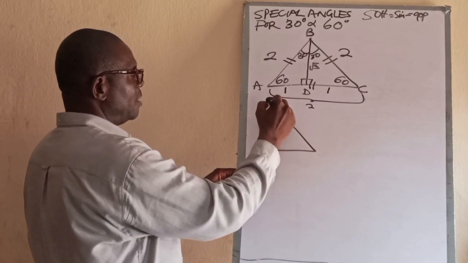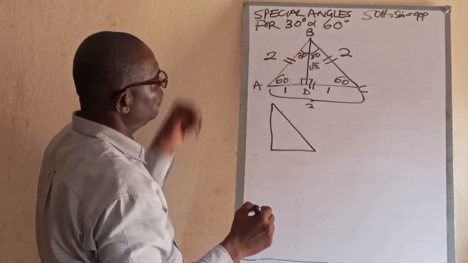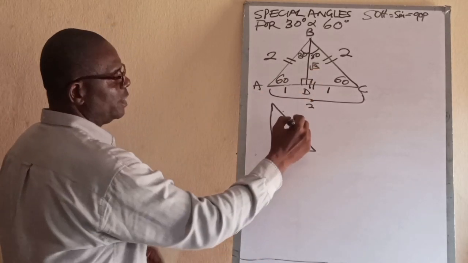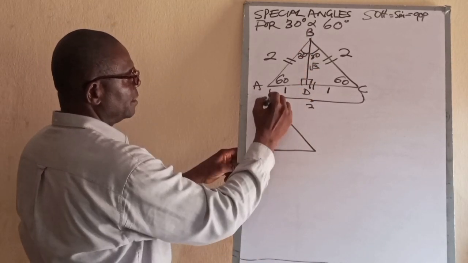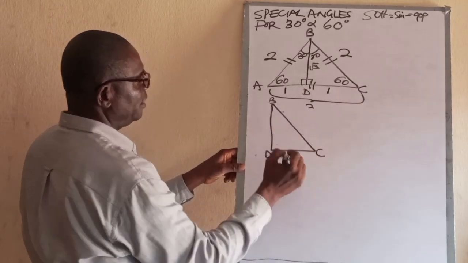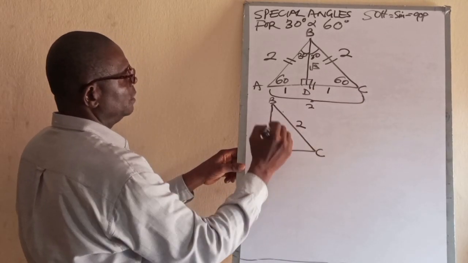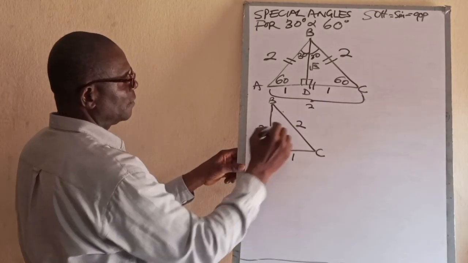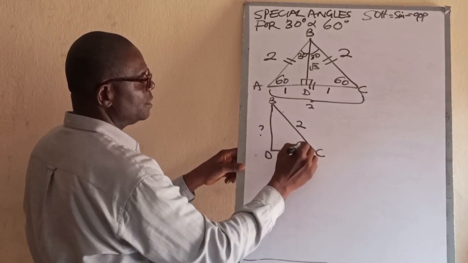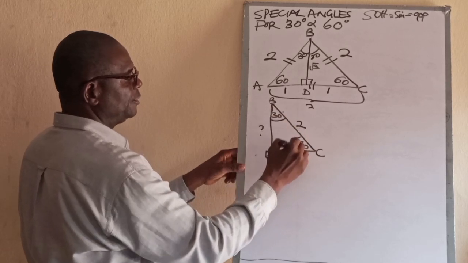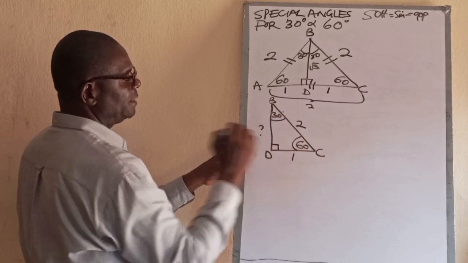We are going to pull it out to get the value of root 3. Here we have B, we have D, we have C. Very good. So here is 2, here is 1, but we don't know this side. Remember that here is angle 60, here is 30. By implication, this corner here is 90 degrees.